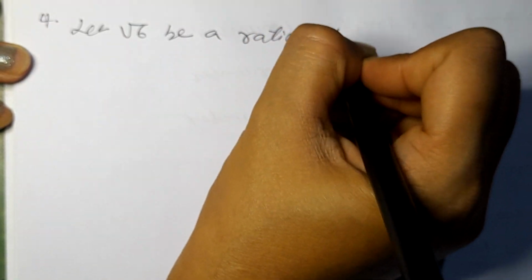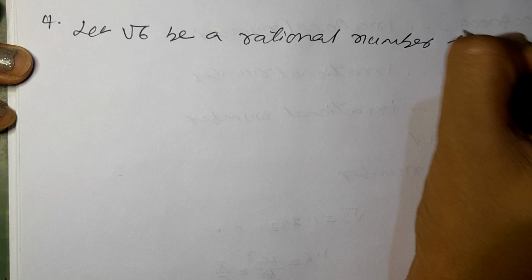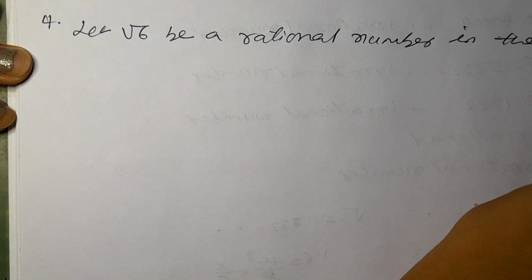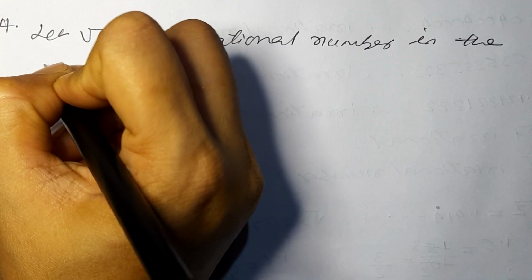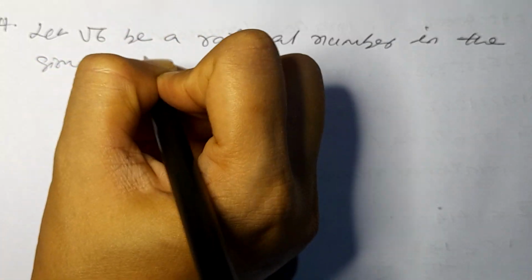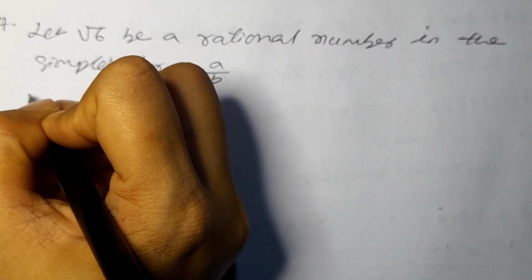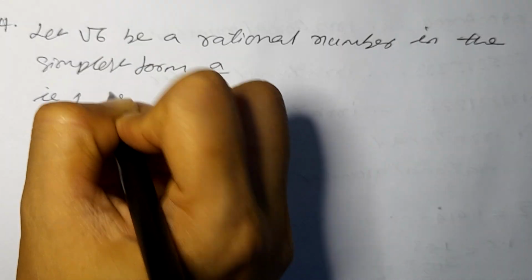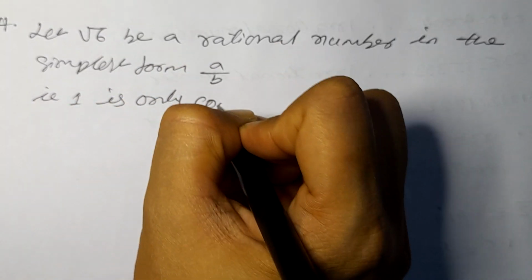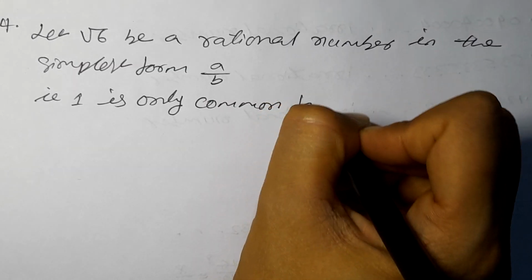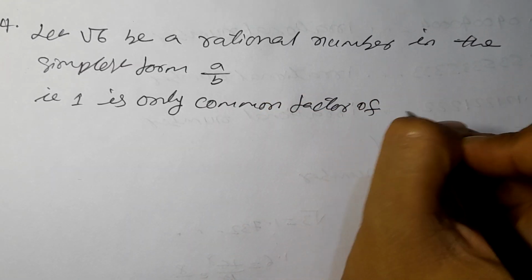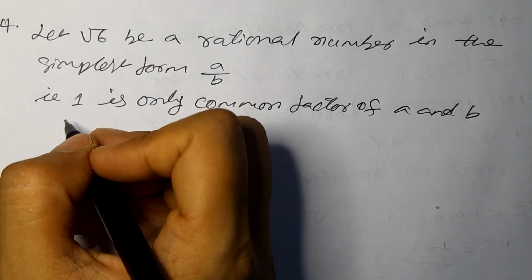Let root 6 be a rational number in the simplest form a by b, that is, 1 is the only common factor of a and b.